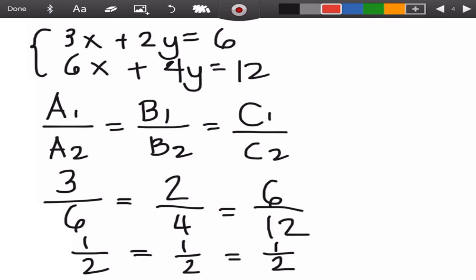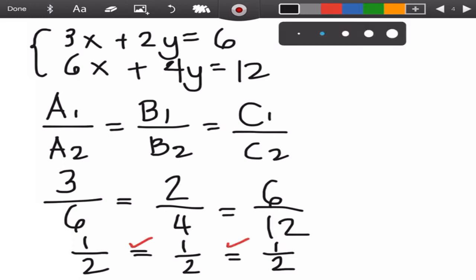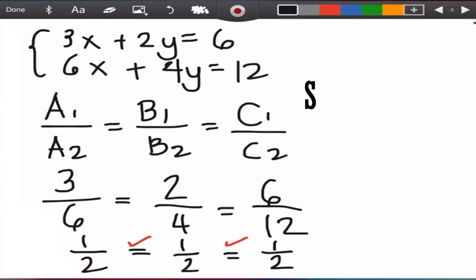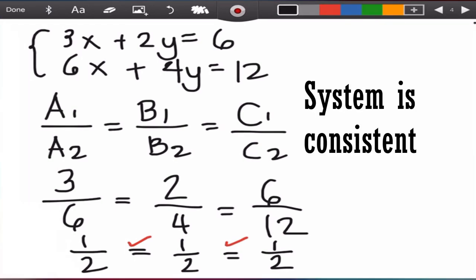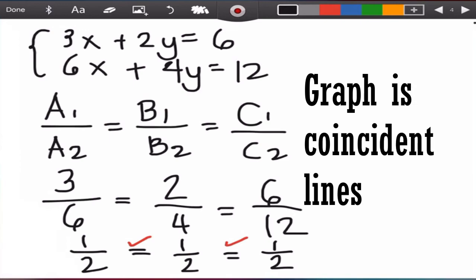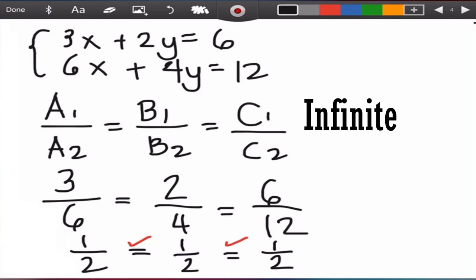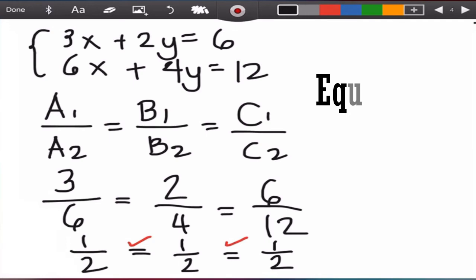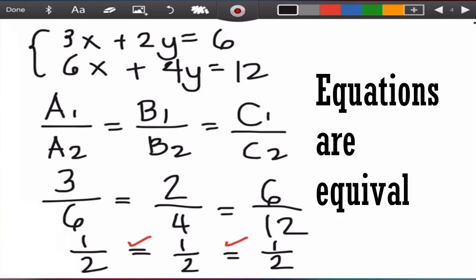Here, all your answers are equal. If that is the case, the system is consistent and dependent. The graph is coincident lines, meaning the two lines are just the same. It has infinite solutions and they are equivalent equations.